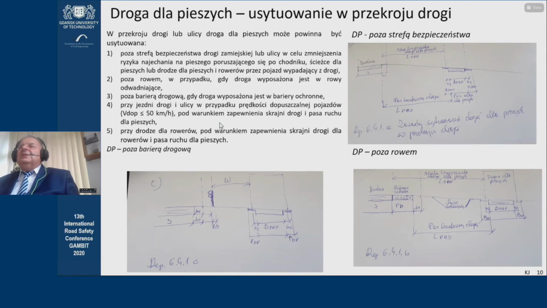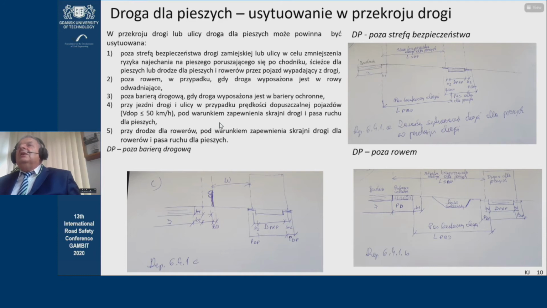When we look at the location in the cross-section of a street or road, and this is quite important, we have what we call a safety zone. We install this on every road where permissible speed for vehicles is about 50 kilometers per hour, and that zone is between half a meter to 11 meters wide.